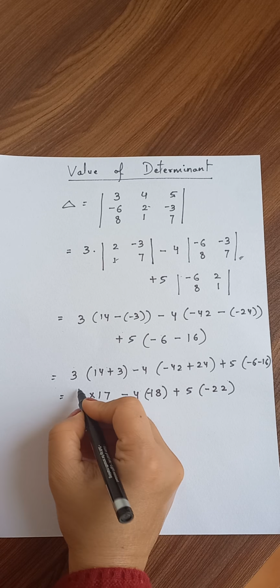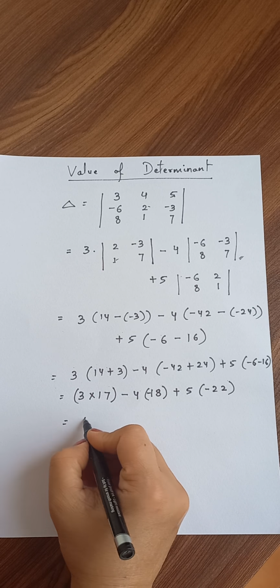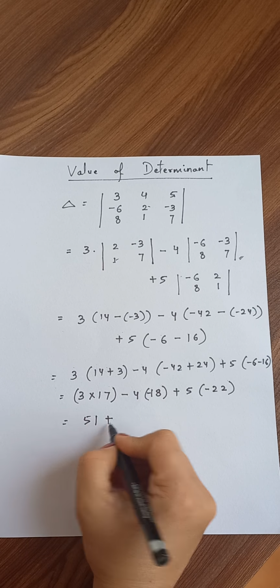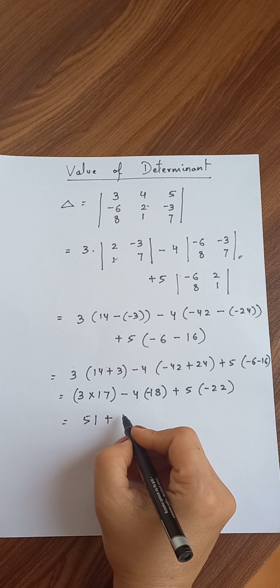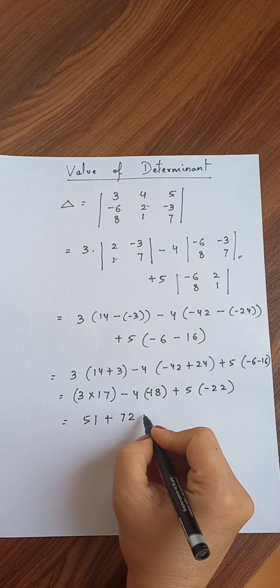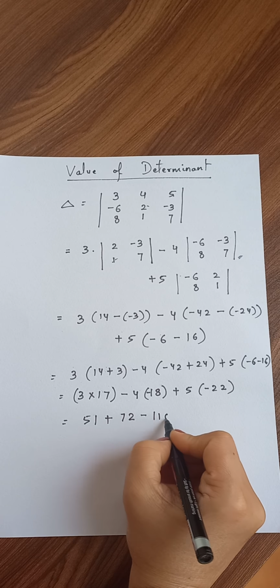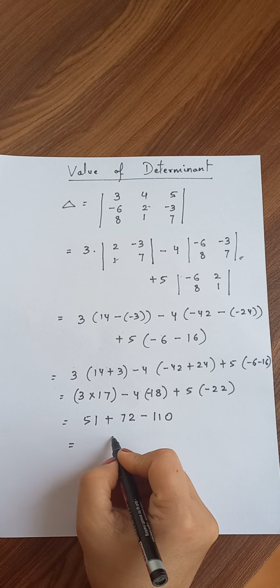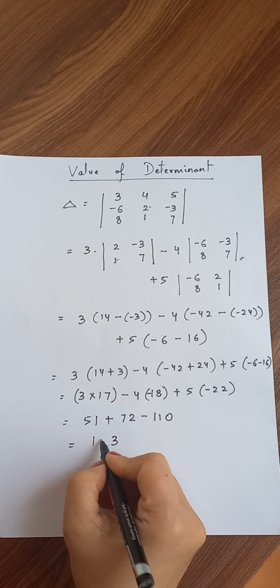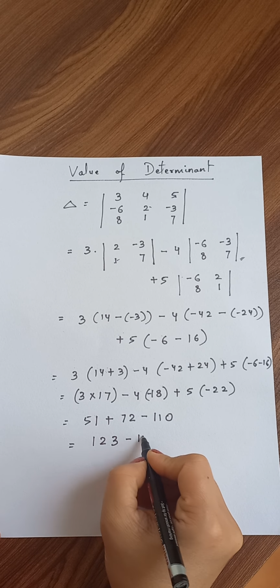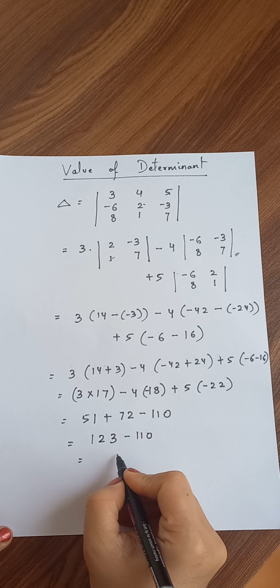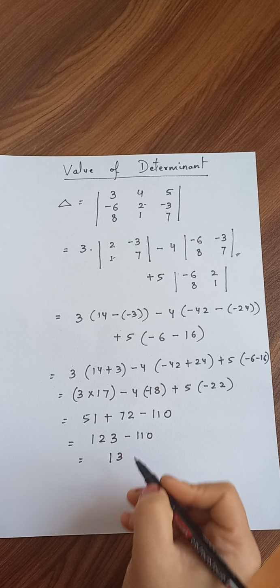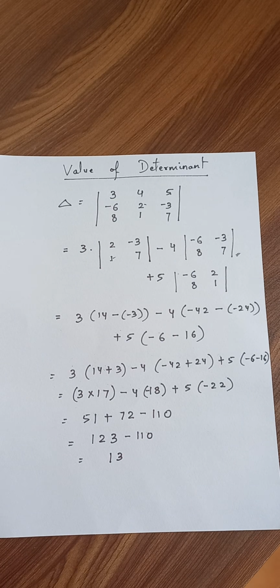Now we have to find the product of it. 51, it will become minus minus plus 72 and 110, because minus plus will become minus here. Then 123 minus 110 becomes 13. So that's how you will get the result.